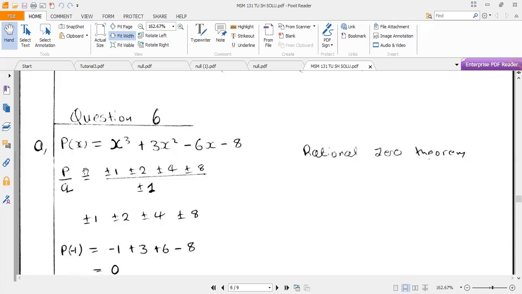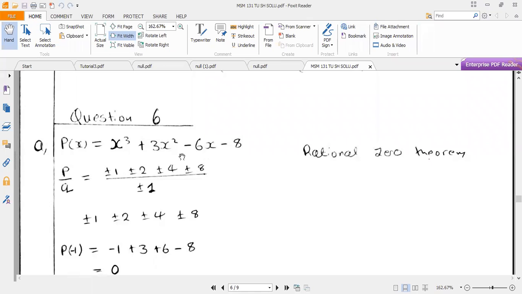You're supposed to divide p over q. Your p is the last number, which is -8, so you check the factors of -8. And your q is the first number, the a part, which is 1. The factors of -8 are plus minus 1, plus minus 2, plus minus 4, and plus minus 8.